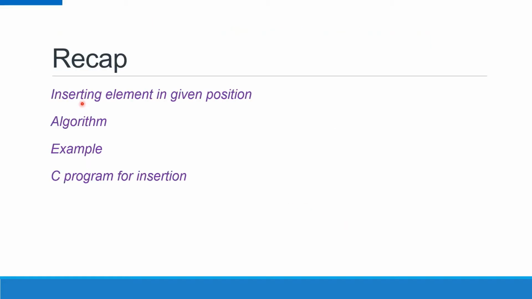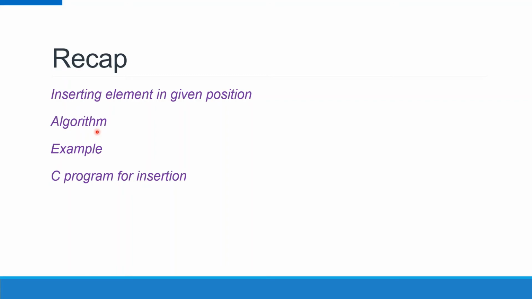Recap of the session. We have discussed how to insert an element in a given position in an array, and we have discussed the algorithm. So the algorithm says we need to get the values from the user, like the element as well as the position where I'm going to insert, and we need to check whether the position is valid or not.